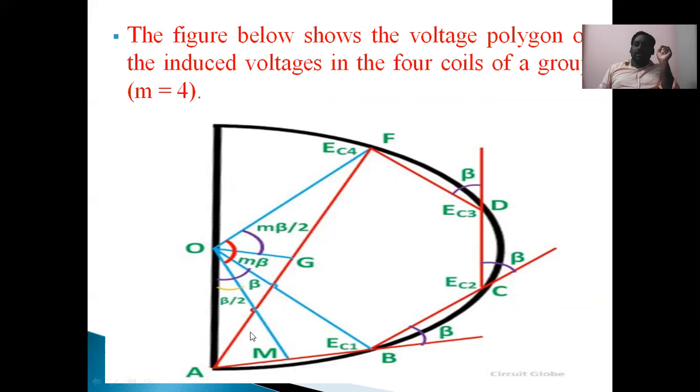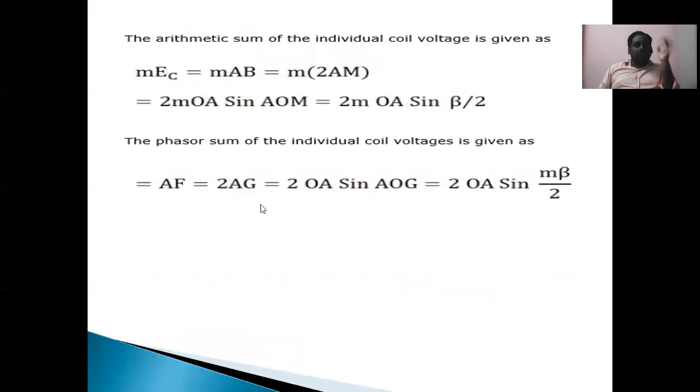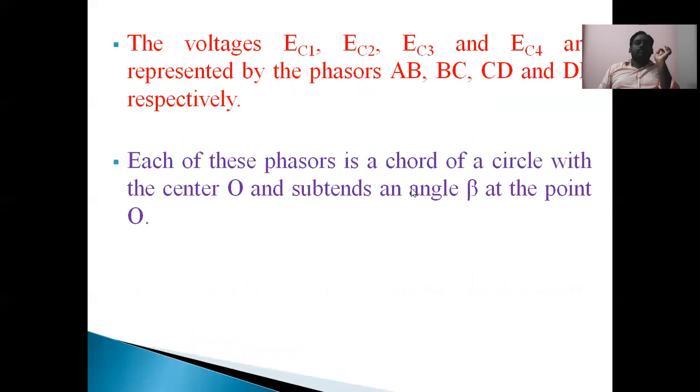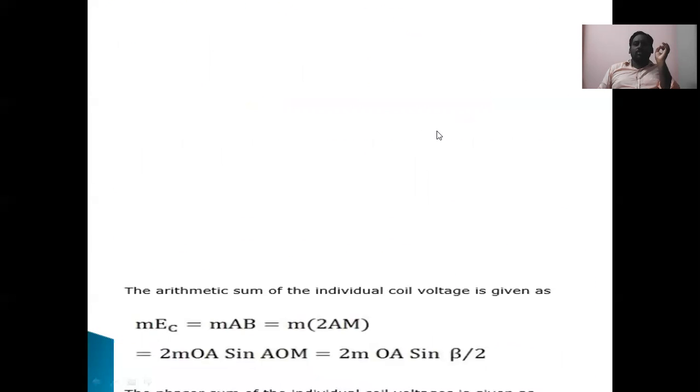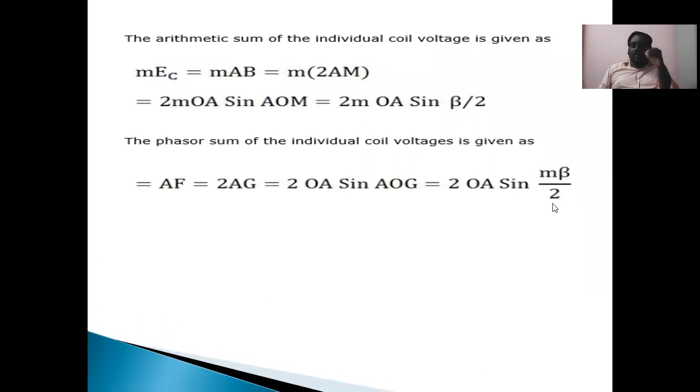This is AF, which has the angle m beta by 2. So sine m beta by 2 is equal to AF by OA, that means AF is equal to OA into sine m beta by 2.